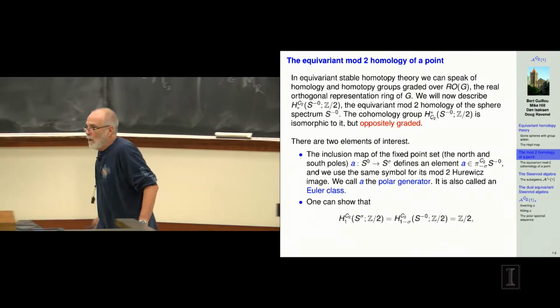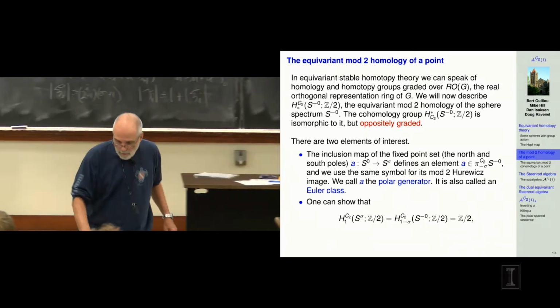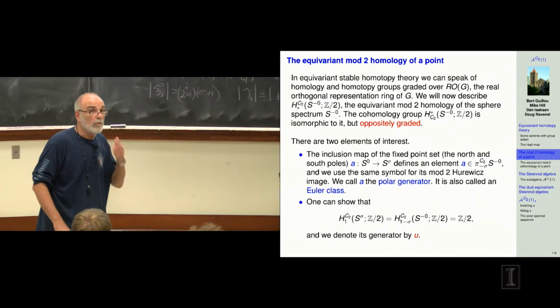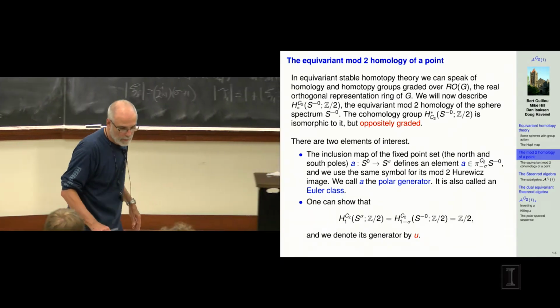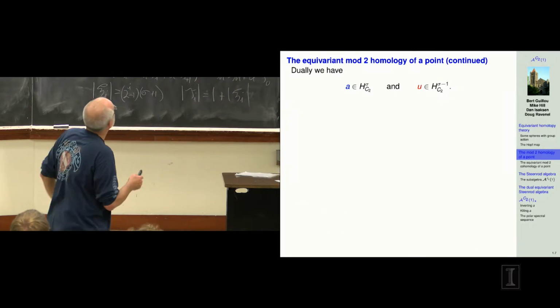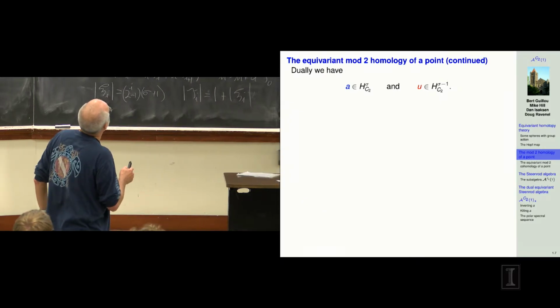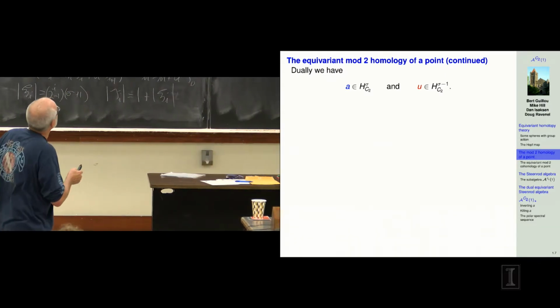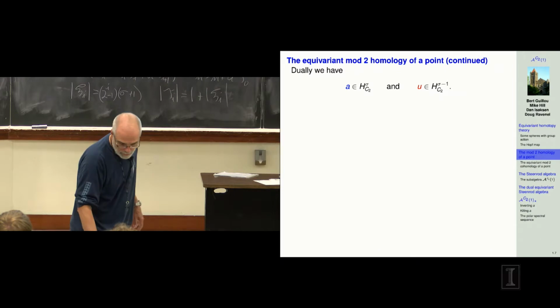And I'm going to give a name to the generator of that group. I'm going to call it U, and U will always be written in red. Okay, so if we do this in cohomology, now I've got superscripts instead of subscripts, and the gradings are reversed. Before A had degree minus sigma, now it has degree sigma, and U is also reversed.